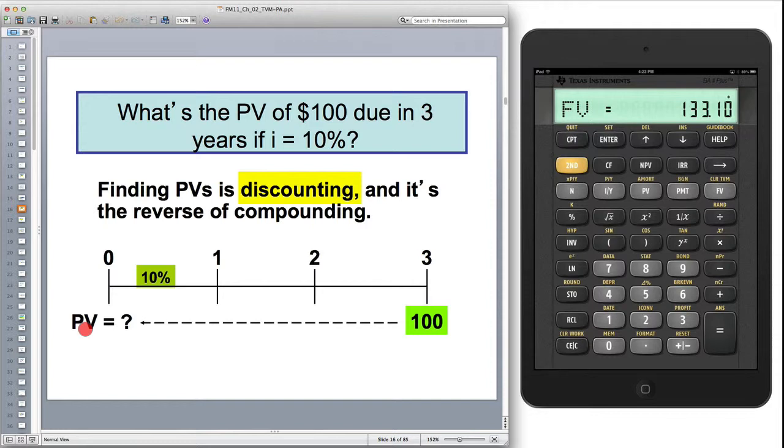Once you discount the value of $10,000 for 10,000 years, you will see that its current value is going to be very low. So using the present value function key in this calculator, we can arrive at the exact value of what $100 3 years from now will be today.